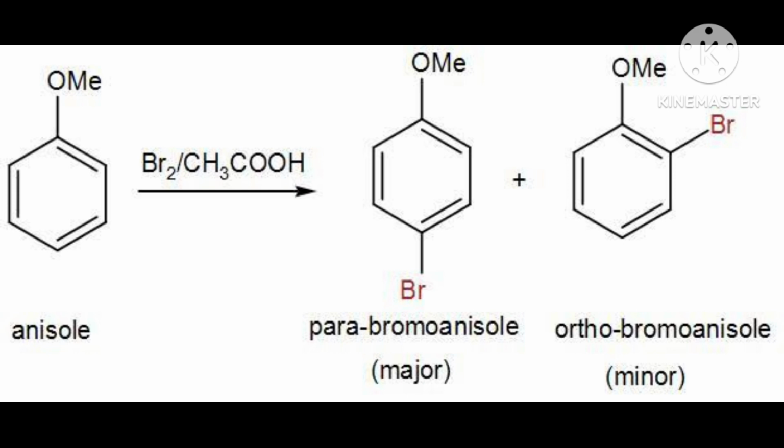Suppose in the ether, on one side the benzene ring is there, and on the other side R is there, so OR is attached to the benzene ring, and O has two lone pairs of electrons. Hence one pair of electrons it can donate to make a double bond.